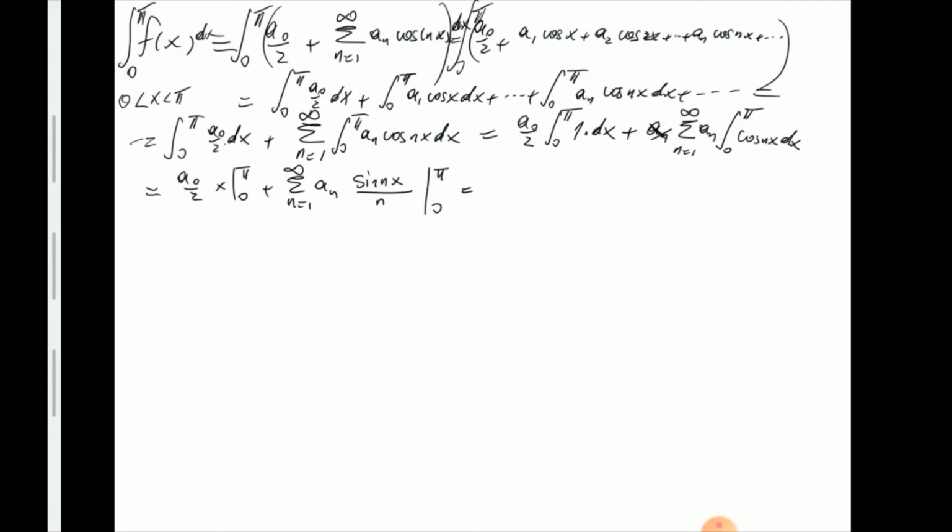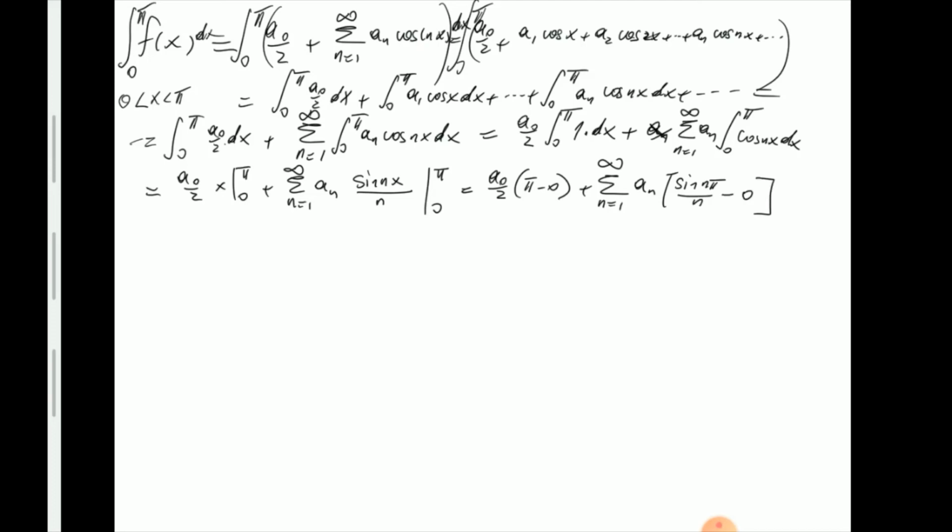So x between 0 and pi is going to be a naught over 2 times pi minus 0. And then inside the summation, we have an sine of n pi over n minus sine of 0, which is 0.